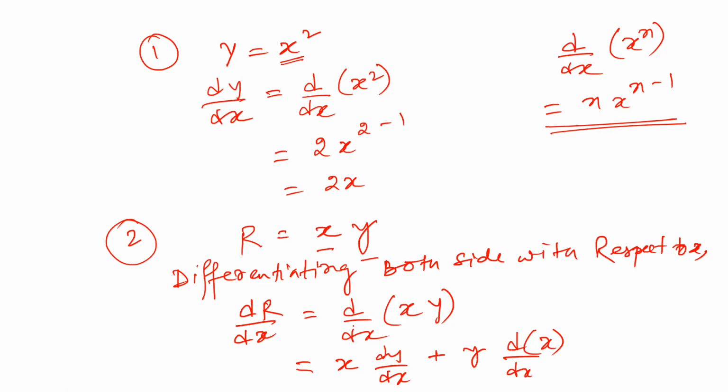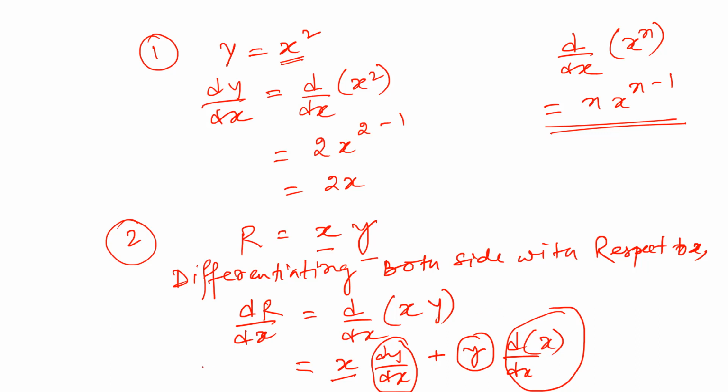Again I am repeating. Okay. Whenever you are finding d dx of x into y, in that case x and y both are variables. So I will use the formula first unchanged times derivative of second plus second unchanged times derivative of first. Okay. So let's try.